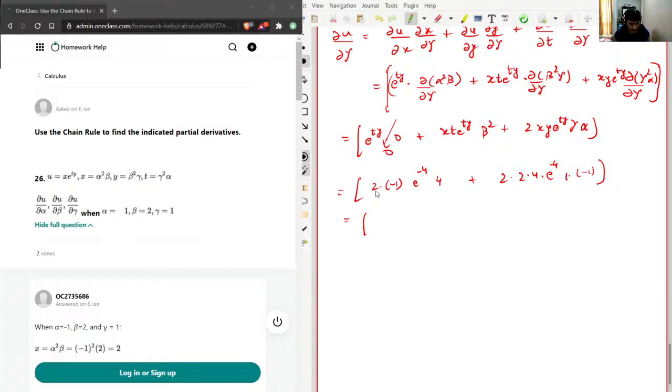Both the terms are in minus here, I think. Yeah, I guess both the terms are in minus. So this will become 2 4s are 8, negative 8 e power minus 4, and this will become 2 to the 4, 4 to the 16, negative 16 e power minus 4, and this will be 16 plus 8, negative 24 e power minus 4.